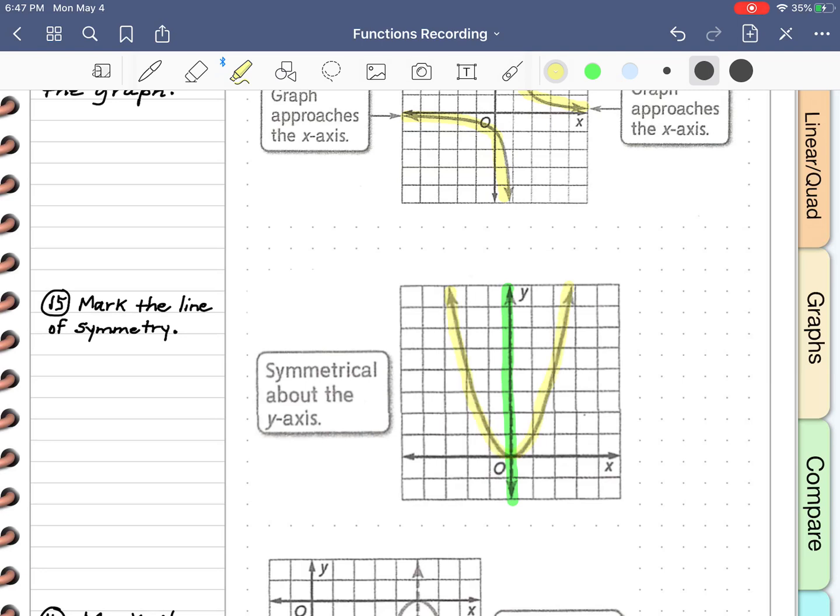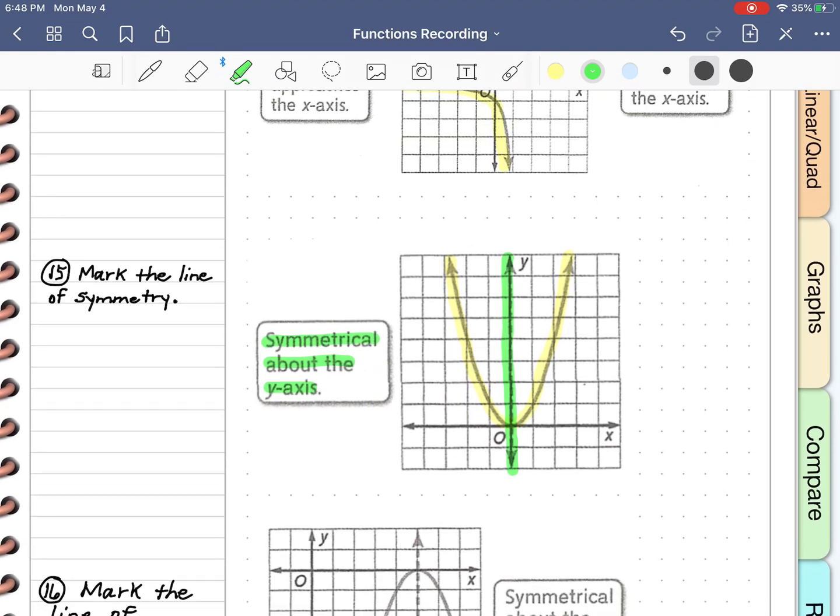You've got the negative interval on one side, the positive interval on the other side, and the line of symmetry is that green y-axis. So we would say that this is symmetrical about the y-axis. That is where the line of symmetry is.